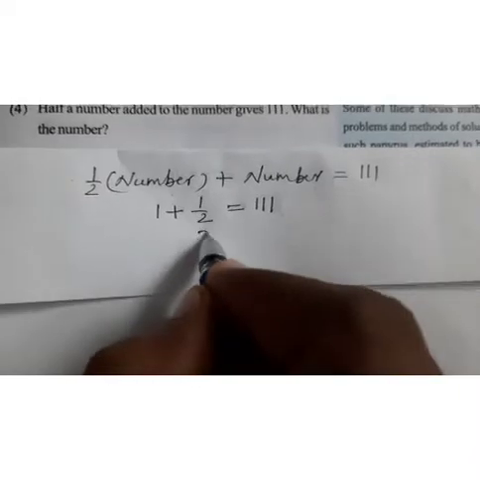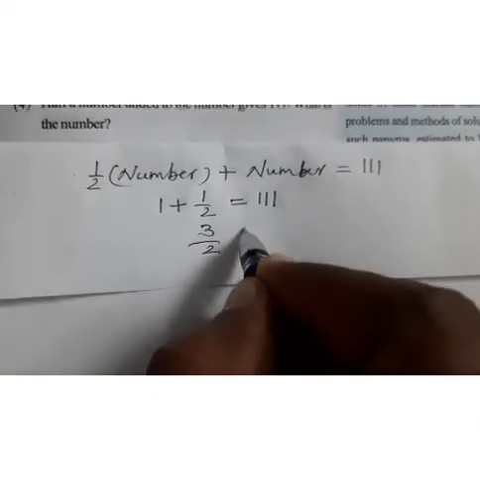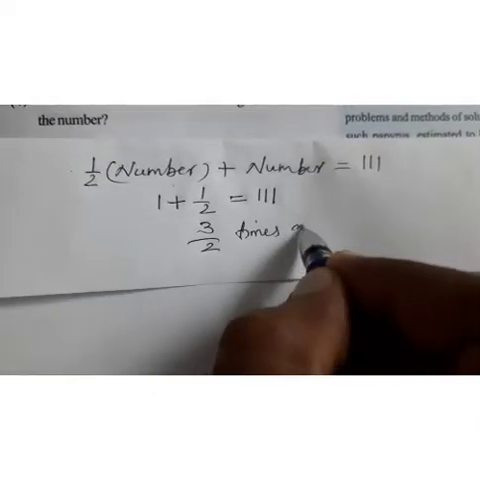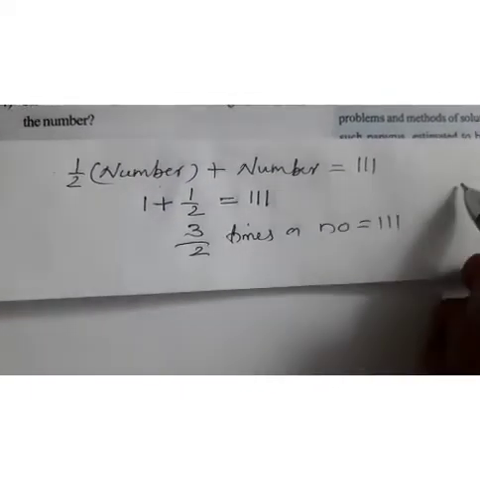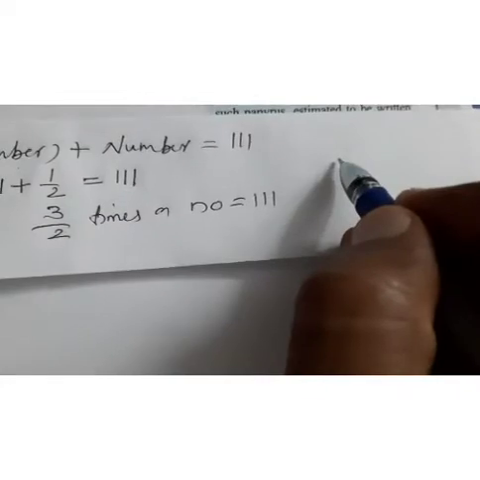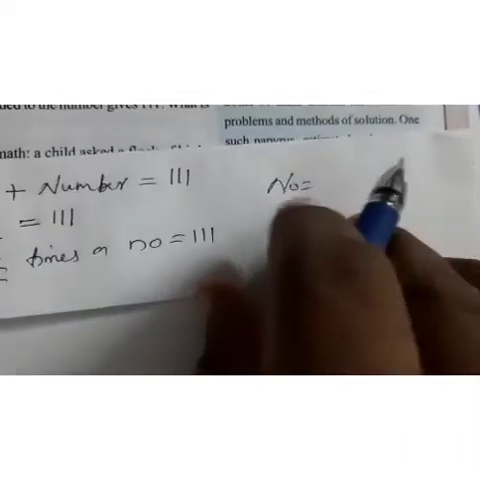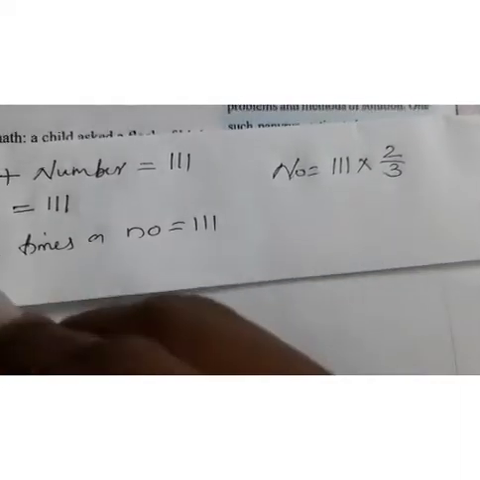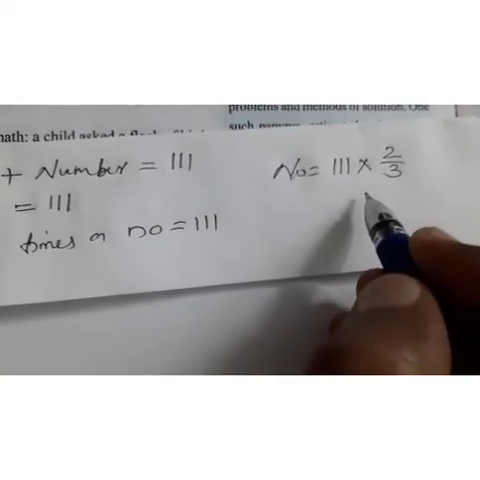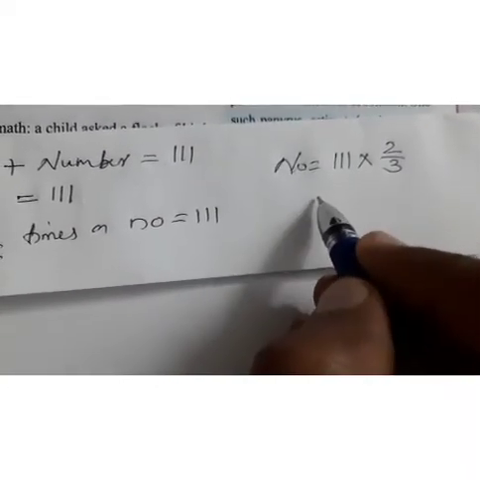So 1 plus 1 by 2 means 3 by 2. So 3 by 2 times a number is equal to 111. So what is the number? Number is equal to 111 into 2 by 3. Reverse, you have to take it. 2 by 3.